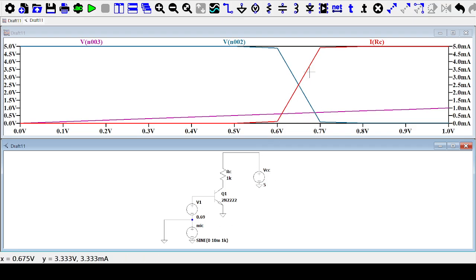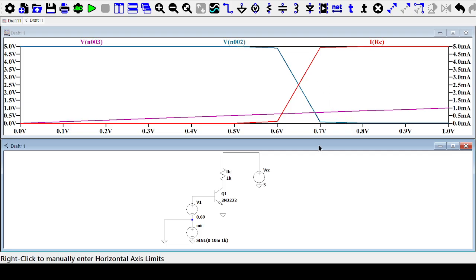The red line here is the collector current, and as it increases, the drop across the resistor RC also increases, so the output or collector voltage reduces. Just take your time, pause the video, and make sure everything makes sense.